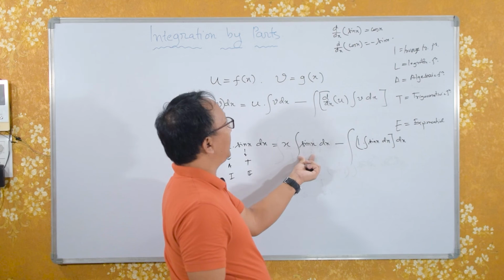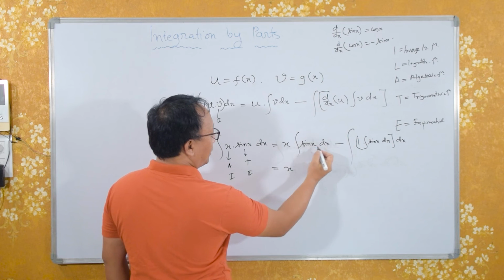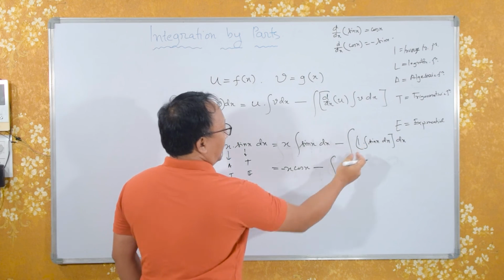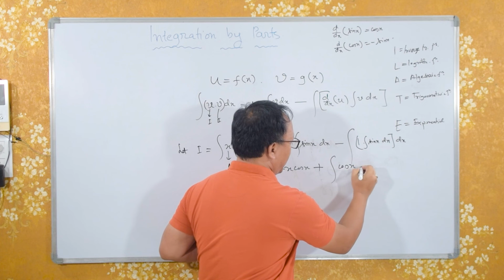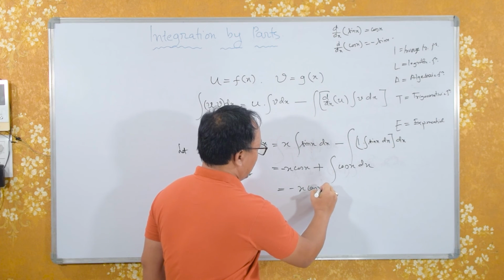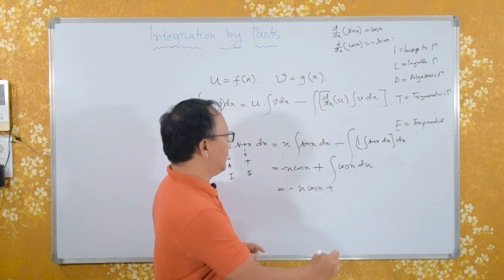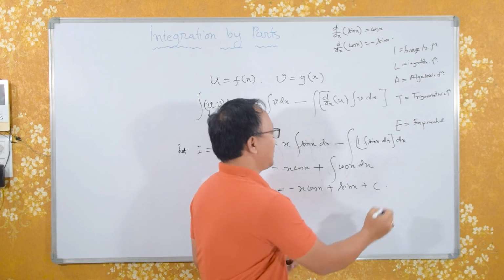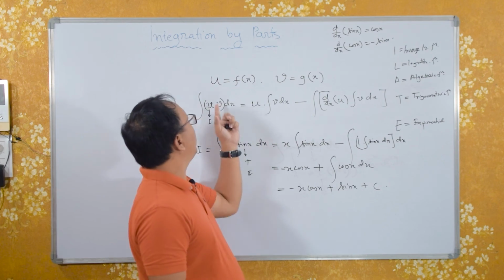So the integral of sin x is minus cos x. Therefore I is equal to minus x cos x plus the integral of cos x dx, which is sin x, plus the constant of integration c. This is one example of integration by parts.